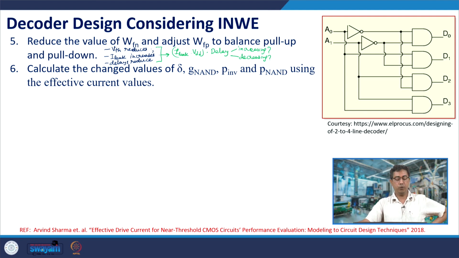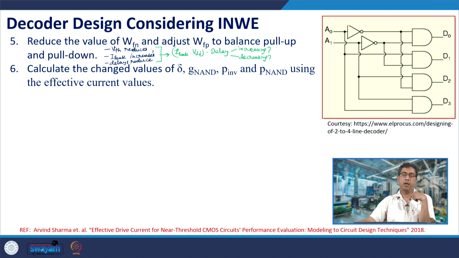So, now when you reduce the value of WFN and WFP, that is finger widths of PMOSFET and NMOSFET in the template NAND gate and template inverter, you adjust WP, you reduce the value of WFN and adjust the value of WFP, so that you have balanced inverter and balanced NAND gate.